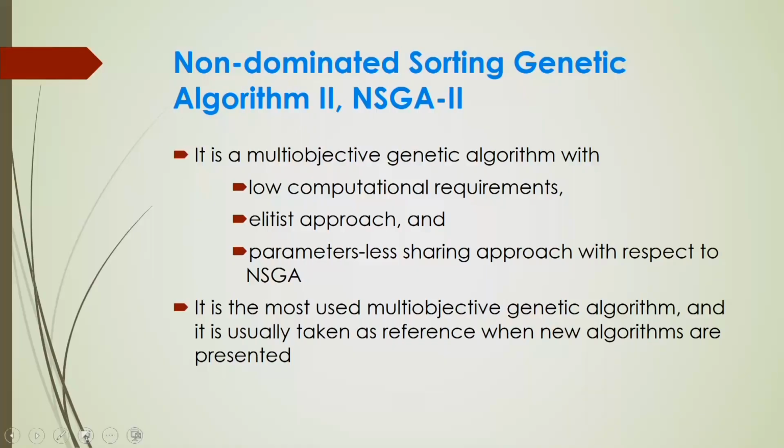It is also the most used multi-objective genetic algorithm, and it is usually taken as a reference when you are devising new algorithms which will be presented for optimization problems.